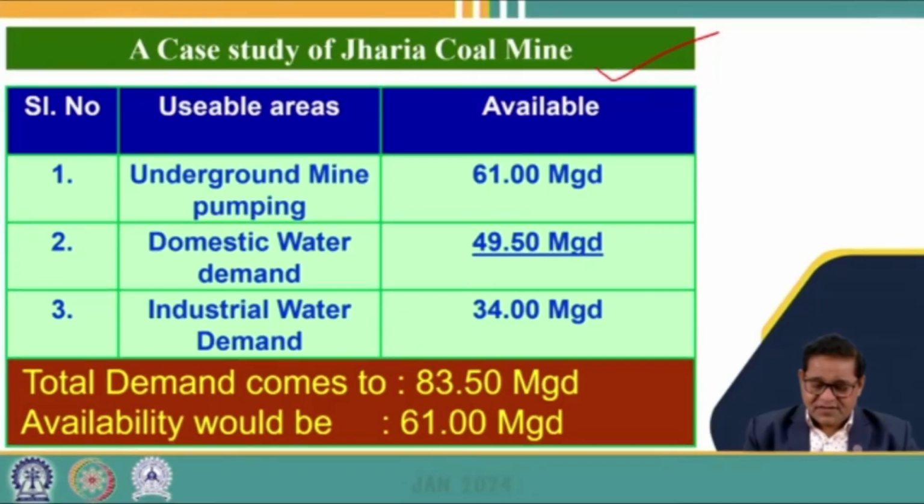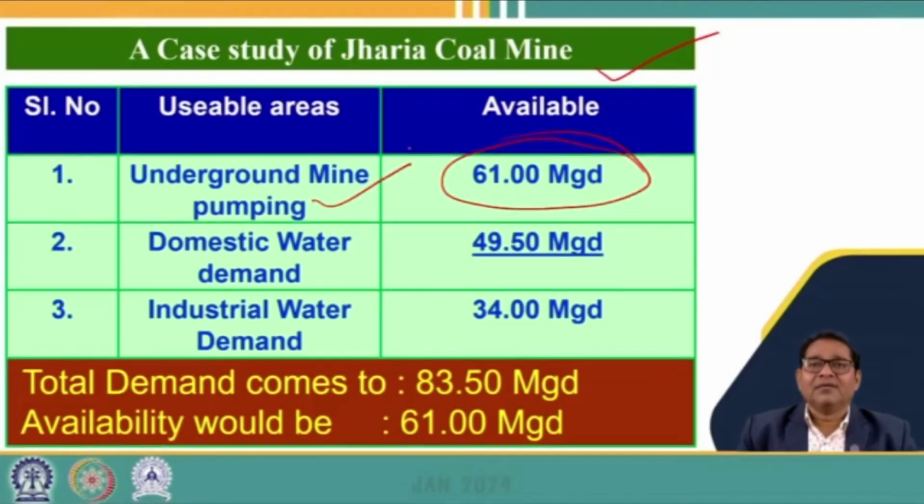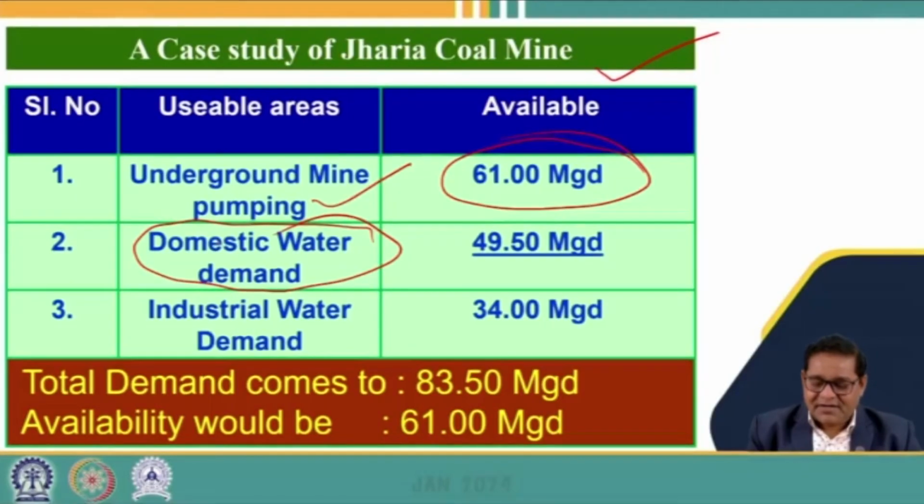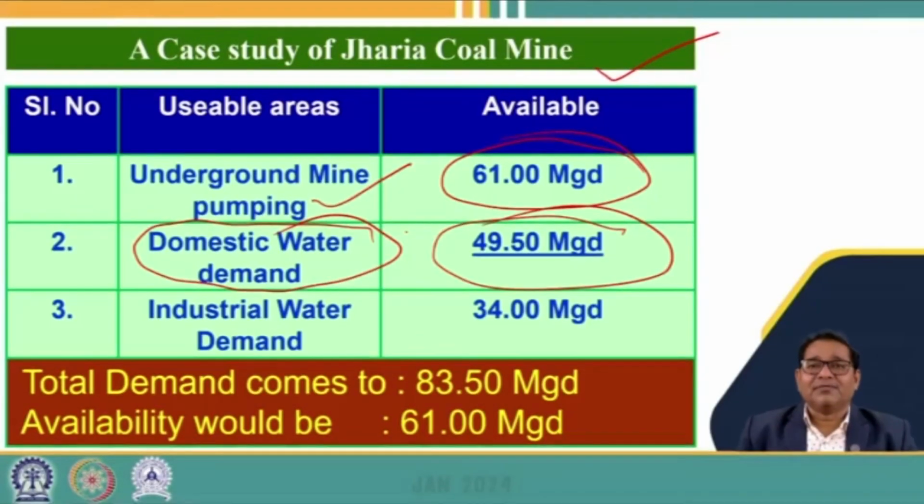The underground mines are pumping around 61 million gallons per day of water, and the domestic water demand in the Jharia coal mine area is around 49.5 million gallons per day. So we can see that most of our domestic water demand can be entirely met by these underground mines.